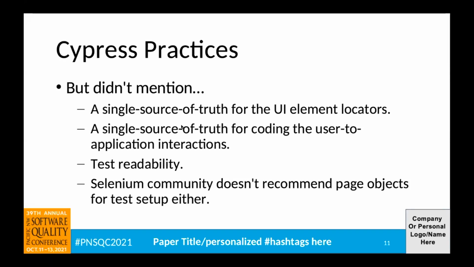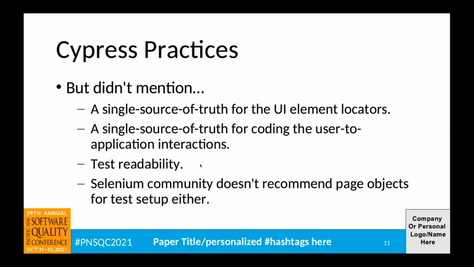But what Mr. Mann didn't mention is actually all the reasons why you use page objects to begin with: a single source of truth for these element locators, a single source of truth for coding the user's interactions with the elements, and test readability.